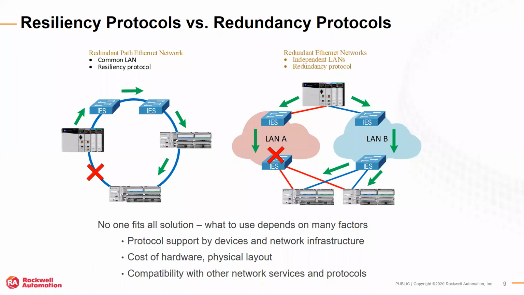PRP is a truly redundant protocol, while a lot of our ring environments are more of a resilient protocol. Remember, any ring type topology we do is actually a linear network, where they're actually using blocking to create the linear network. That cuts down from the traffic storms. What parallel redundancy is doing, we're running 2 side-by-side LANs that mirror each other exactly, going back to the controller.